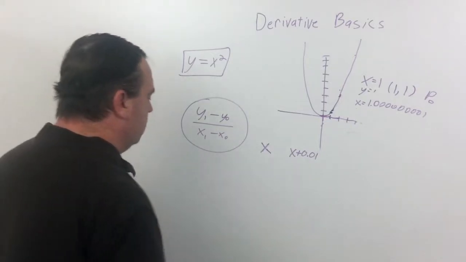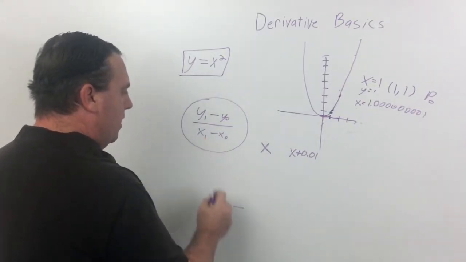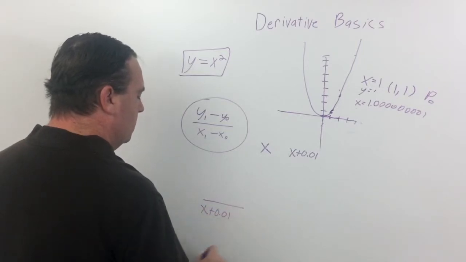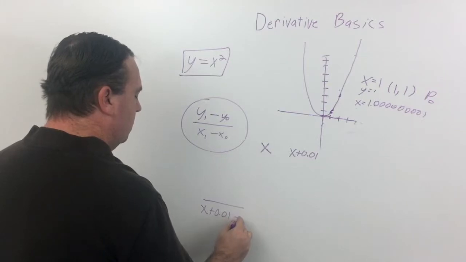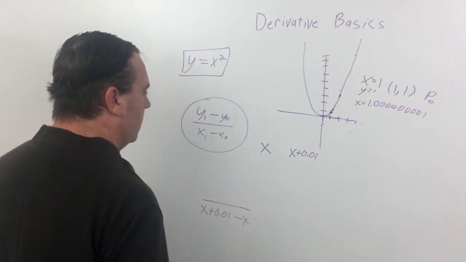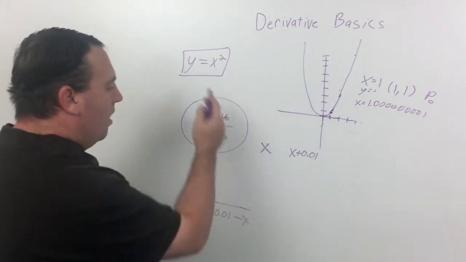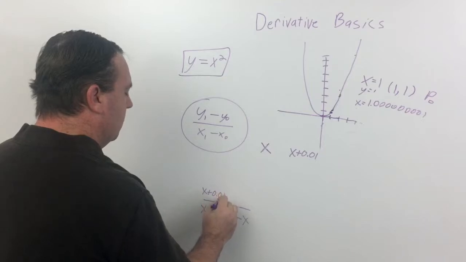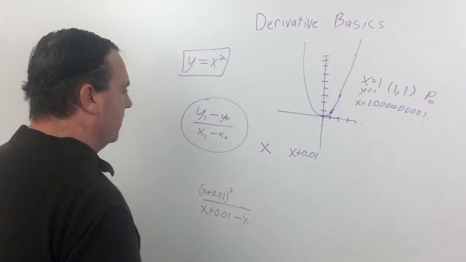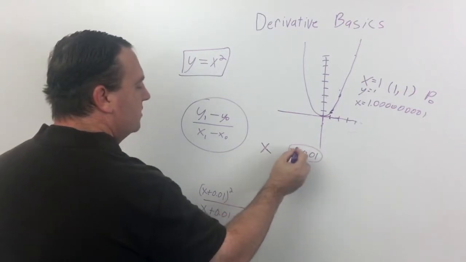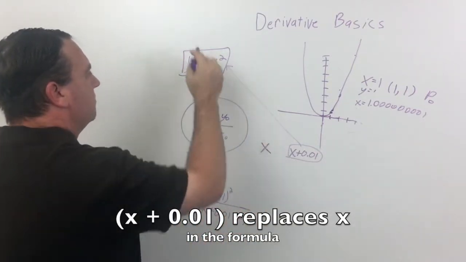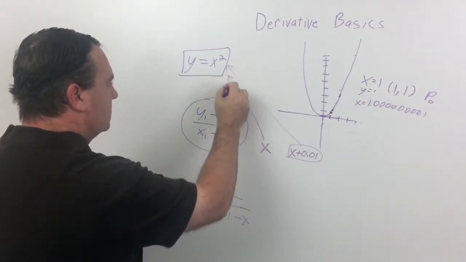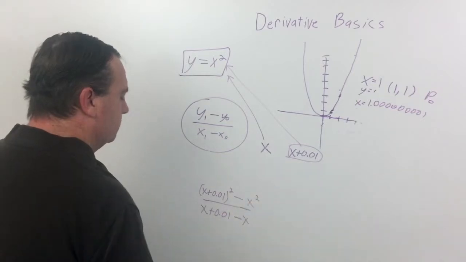So what is it? Well, on the bottom, our x1 is x plus 0.01, and our x0 is x. Now on the top, our y1 is going to be x plus 0.01 squared, because we'll feed this into that formula. And then minus, if we just feed x into that formula, we get x squared.